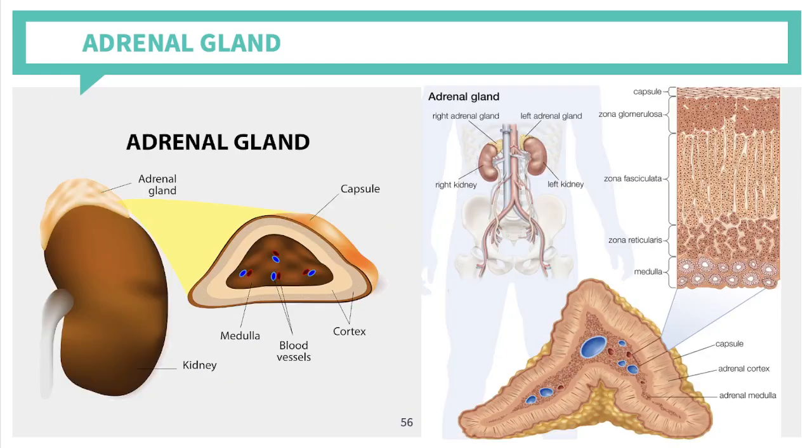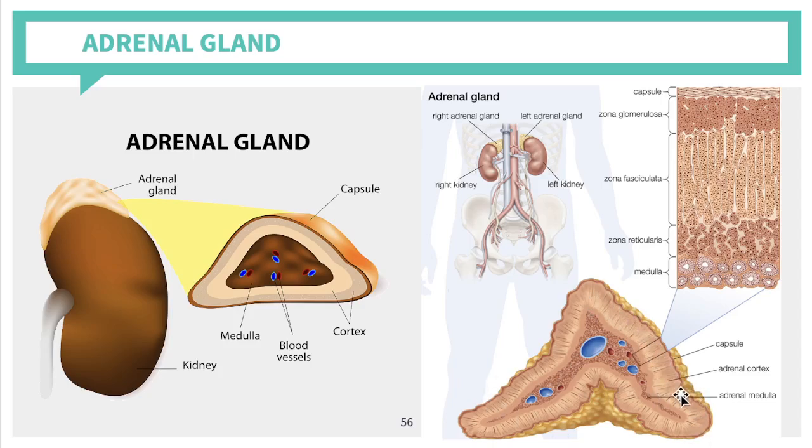So again, this is your adrenal gland, or what we term your suprarenal gland. Please take note, this is the major layer of your adrenal gland. You have your capsule, your cortex, and your medulla.